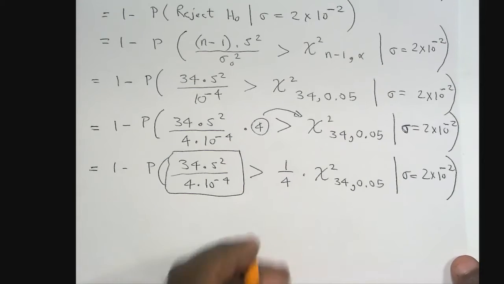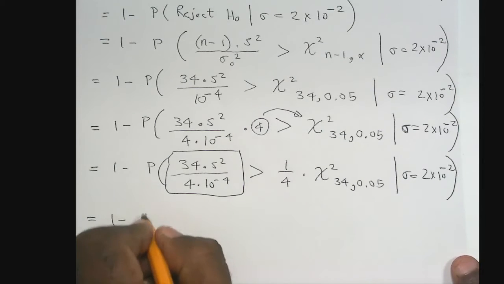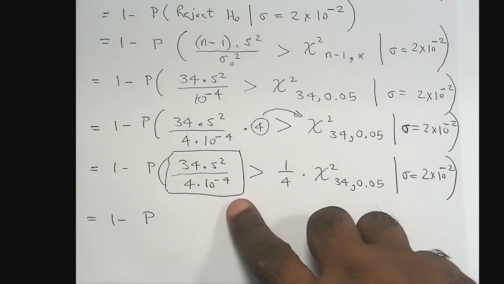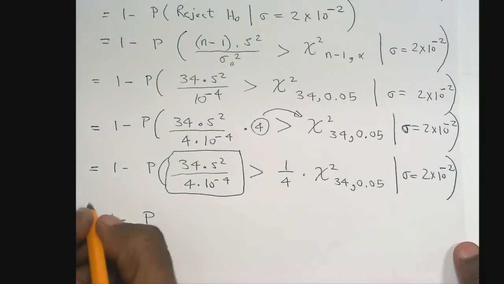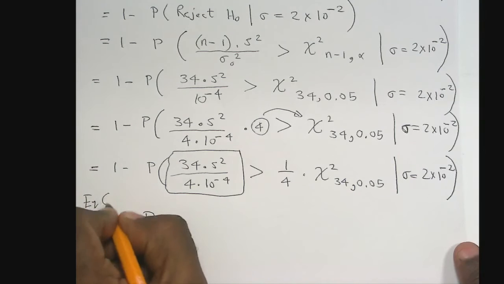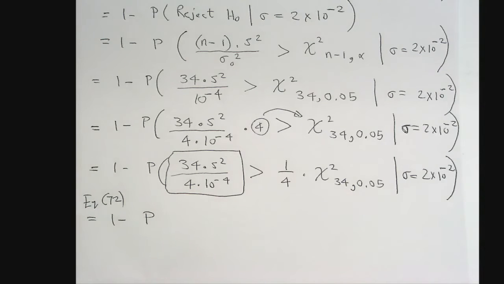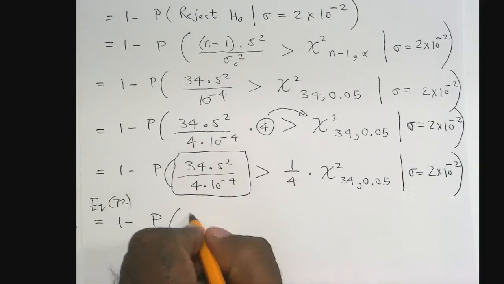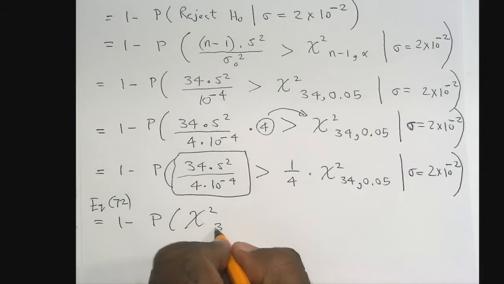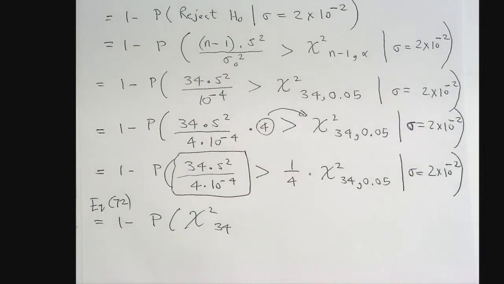You will see that this guy here will have what distribution? Come on guys, you should look at equation 72 in the lecture notes, right? It says that this must have the chi-square distribution with 34 degrees of freedom, or n minus 1, which is 34 in our case, right?